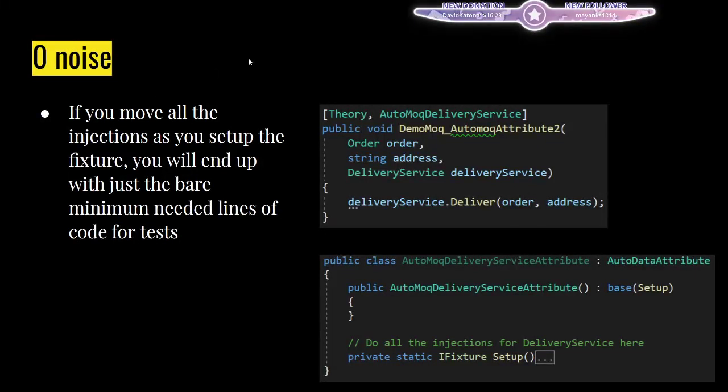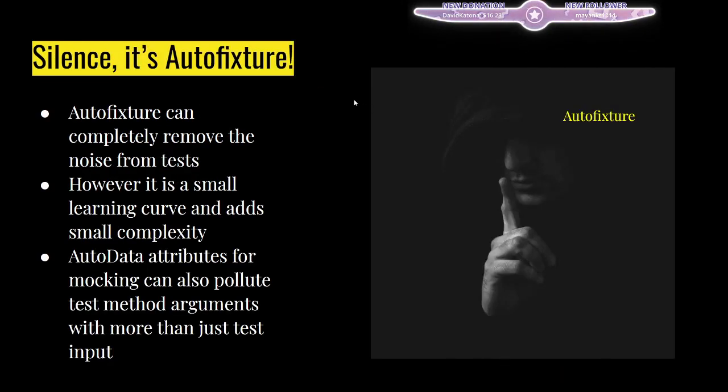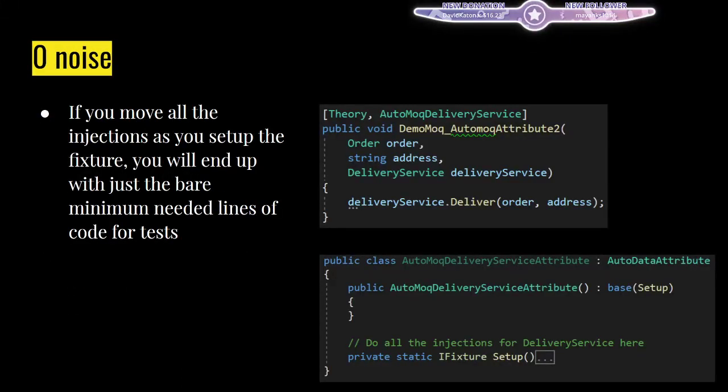And there is no other tool or way to minimize this even more. Therefore, AutoFixture is the most popular tool for refactoring, minimizing, and cleaning up your tests. However, it is a bit problematic, and of course nothing comes for free. The problem of AutoFixture, from my point of view, is that it adds a bit to the complexity of the test.